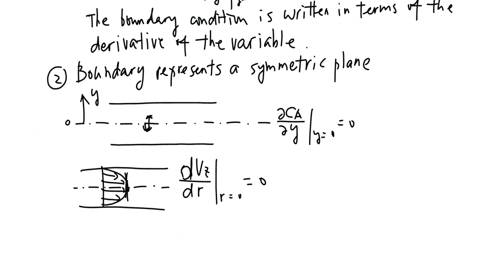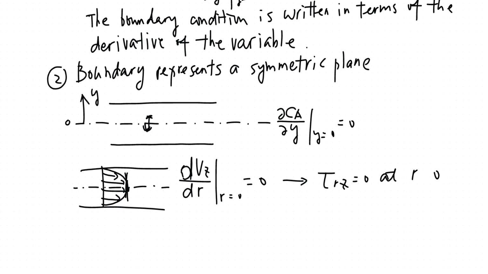And this is also why the shear stress is zero at r equal to zero. Because the fluid velocity is symmetric, there is no relative shear motion.